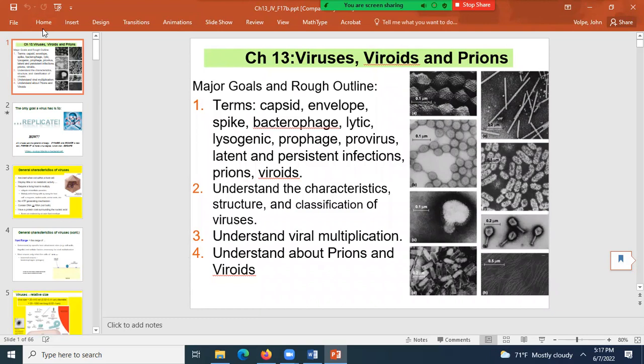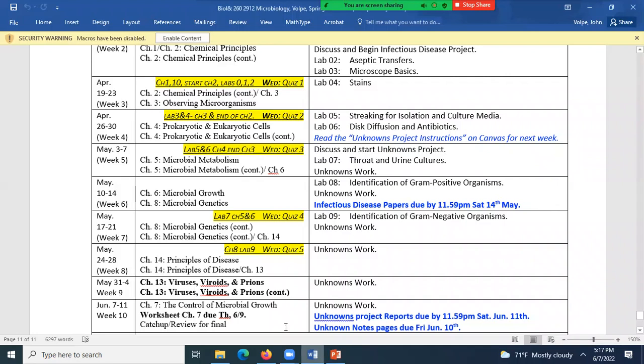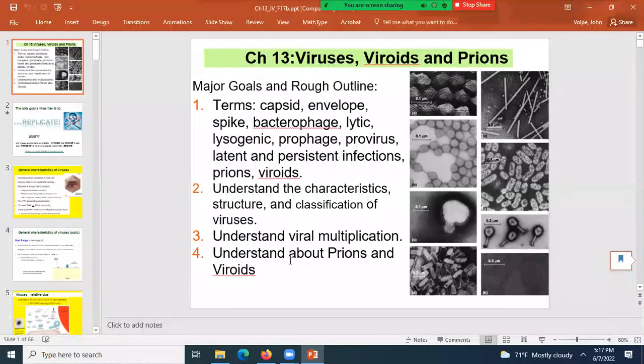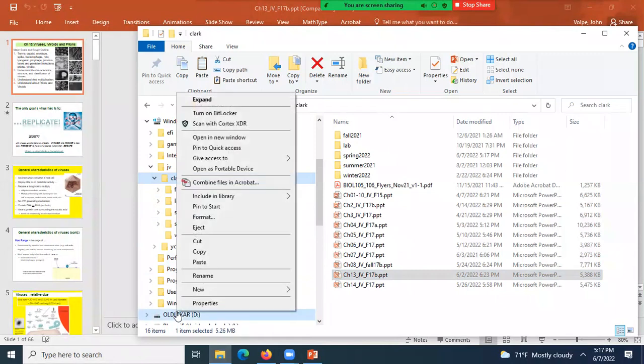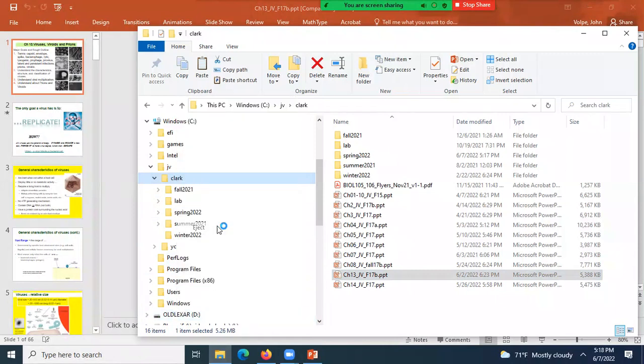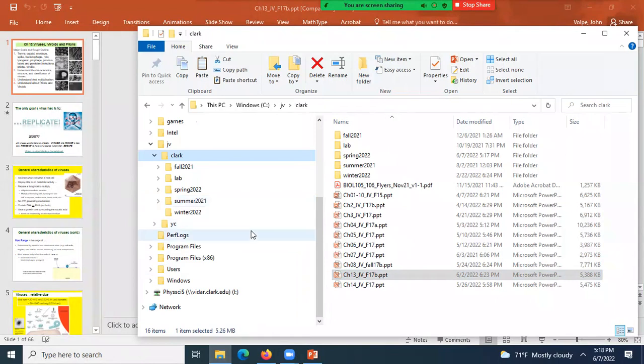All right, let's find where we were. Let me remove the thumb drive here. So we'll finish chapter 13 and start chapter 7. I do hope to finish chapter 7 so that next Thursday we'll only have review. But I do have some catch up in case we don't finish chapter 7.